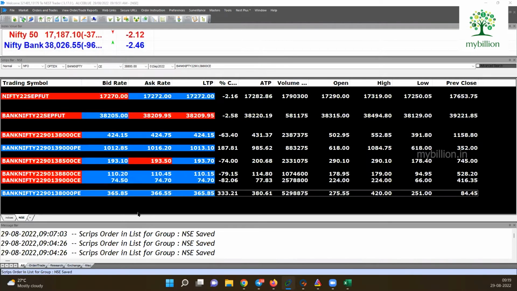At 421, I booked 80%. I bought 400 quantity. At 325, I booked for the 38,000 call. Stop loss is safe for the balance. If the stop loss hits, I'm happy. If it doesn't hit, I'm too happy.